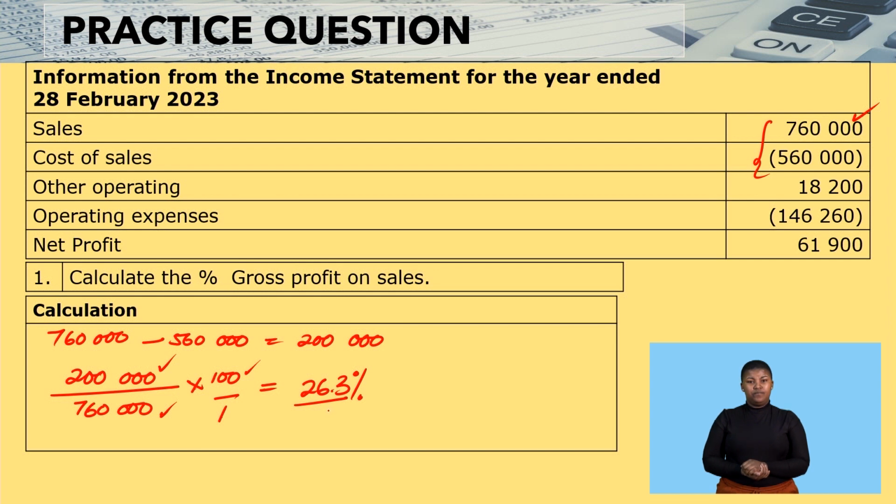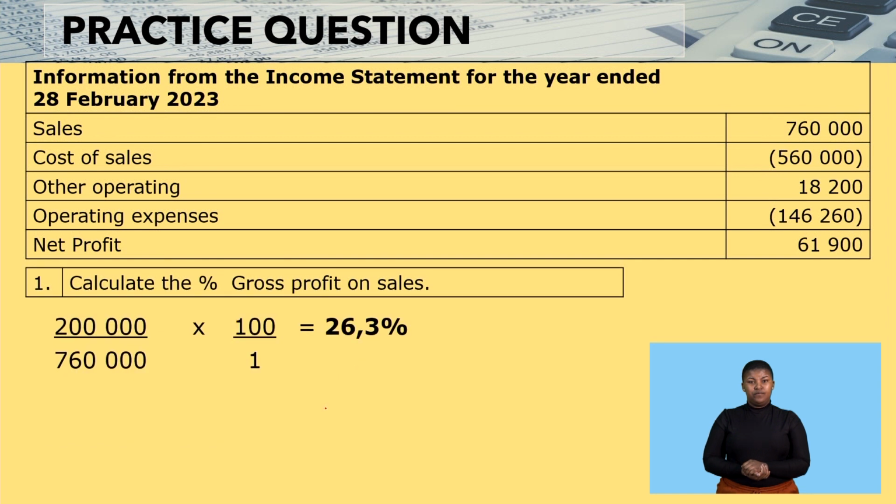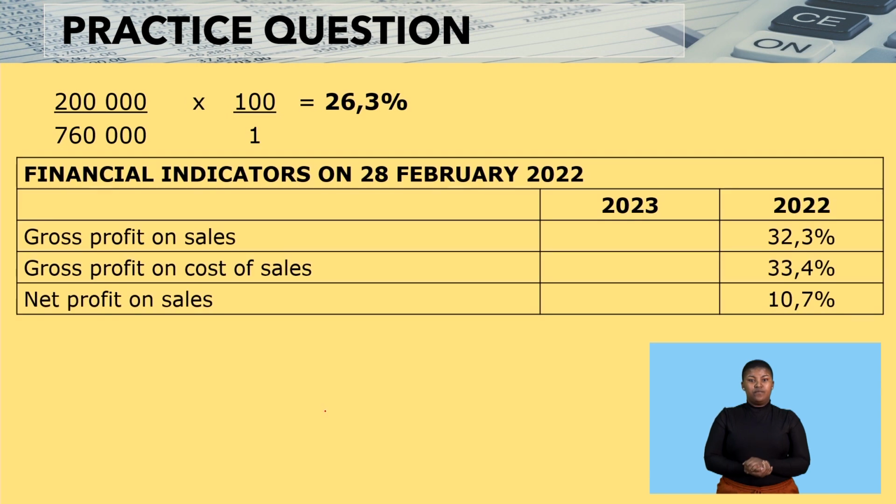That becomes the answer. What we will now do is to comment on what we have calculated. For the year 2023, our gross profit on sales is 26.3%.